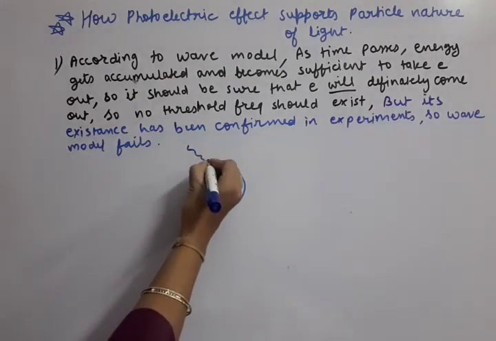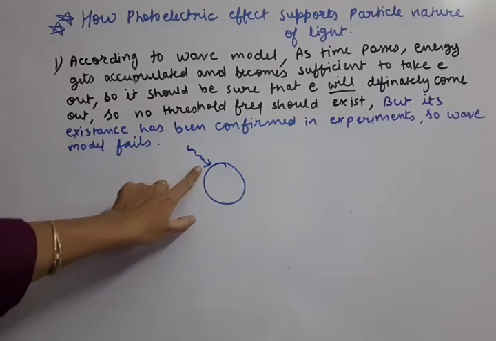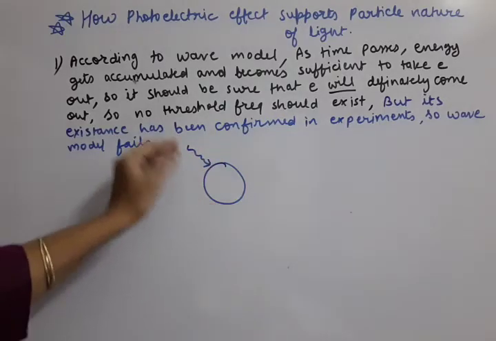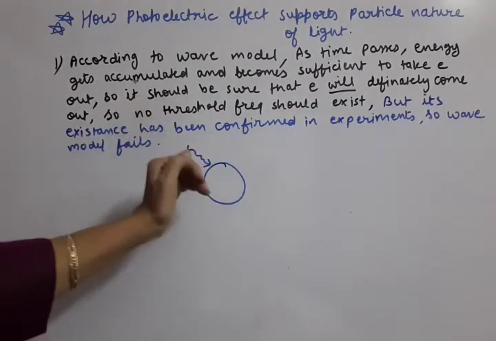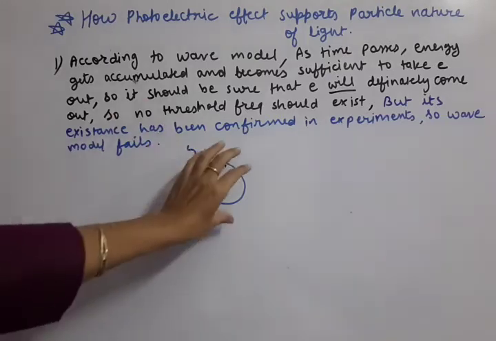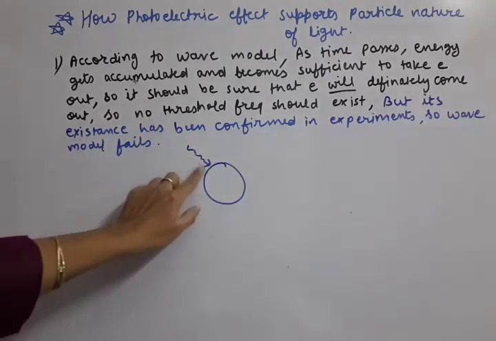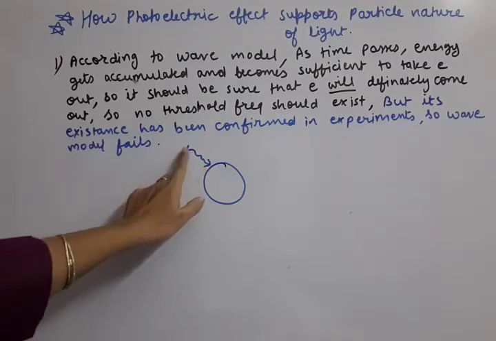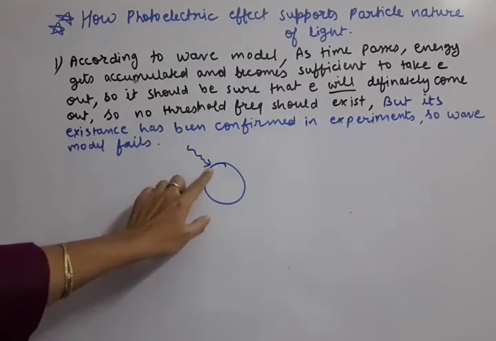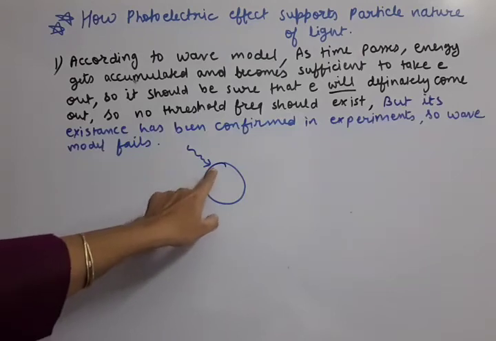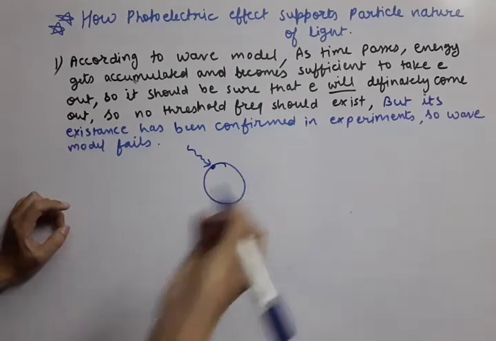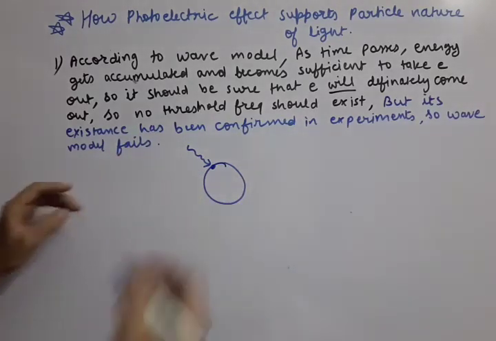Now if we are considering the wave model, a wave is coming, and a wave carries energy. Suppose we continuously fall the light wave on this metal. So finally what will happen? Suppose the energy initially was insufficient, but the wave is carrying energy. So finally it will impart enough energy to the electron present here, so it is sure that the electron will come out after some time.